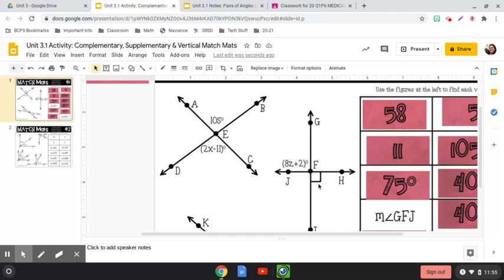So 90 degrees plus blank is going to give us 180 degrees. So just like we did before, we're going to tell our story with what we have. We have 90 plus, we'll call that G again, equals 180.